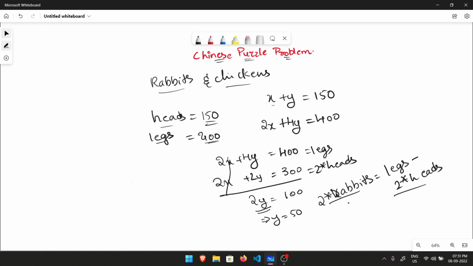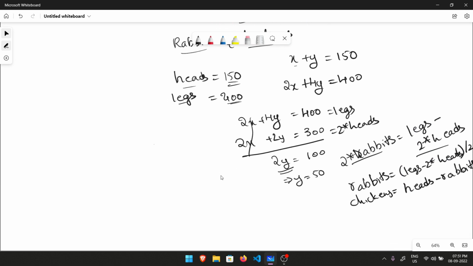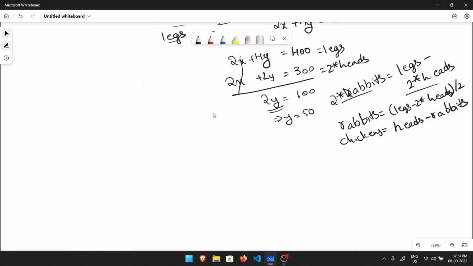We got the formula. Once we know the number of rabbits, we can find the number of chickens too. Rabbits equals legs minus 2 times heads, divided by 2, and the number of chickens would be the number of heads minus the number of rabbits, right? So we got a formula to use.